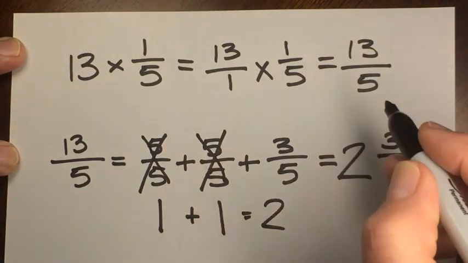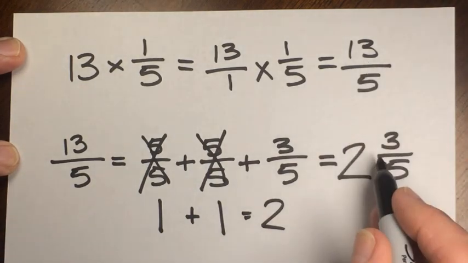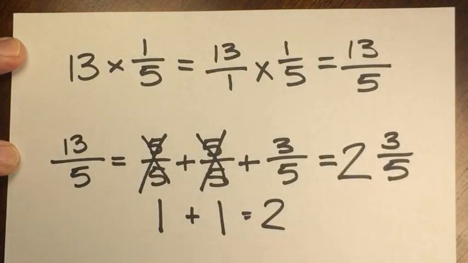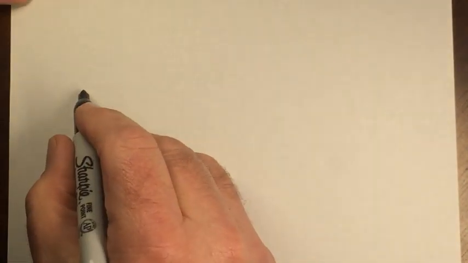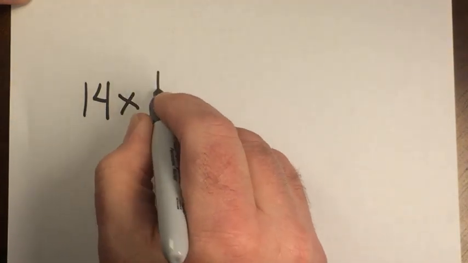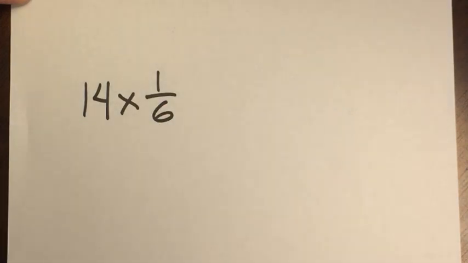So this 13/5 is the same thing as 2 and 3/5. Okay, so if that makes sense to you, let's go ahead and do one for you. Please do 14 times 1/6. Go ahead and do that and see what you get.